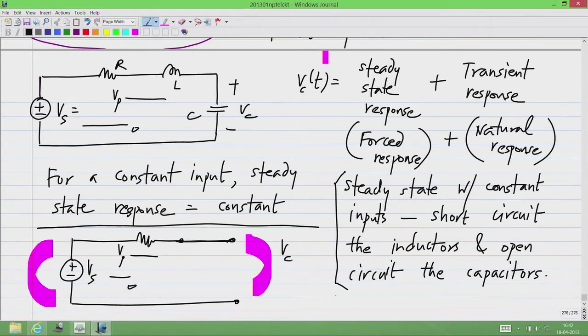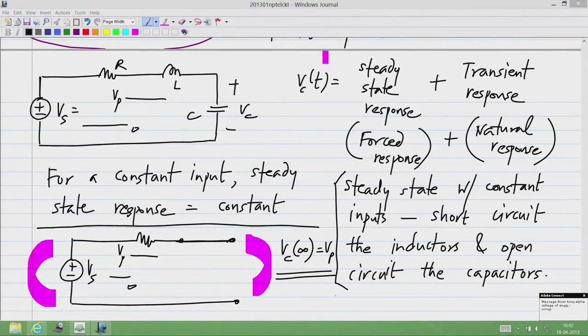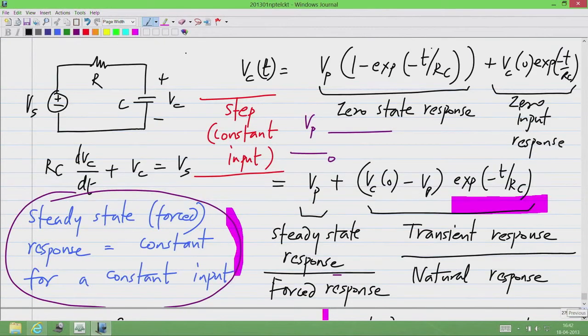Okay. So, Vc of infinity will be Vp. Is this fine? So, a part of the response can be evaluated very easily.